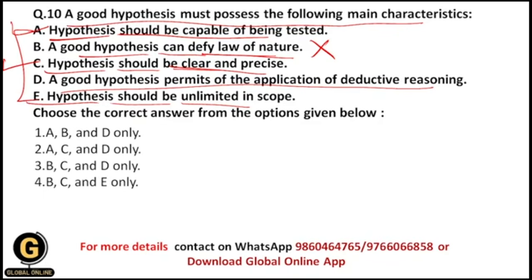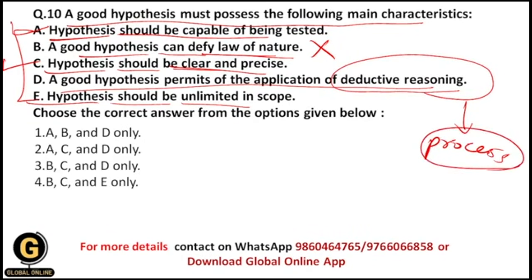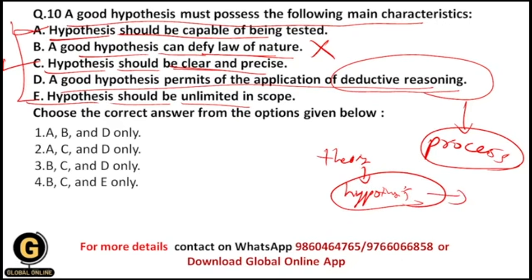Then hypothesis permits the application of deductive reasoning. Deductive reasoning is the process, or you can say approach, of a research. In this approach basically we have an existing theory, and based upon the existing theory we formulate a hypothesis, and after that we test the hypothesis by using different statistical techniques, and after that finally we get the results.